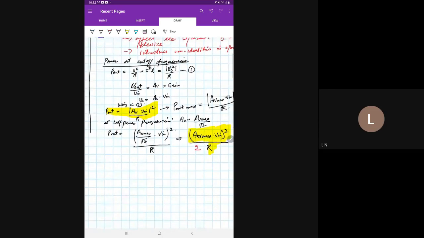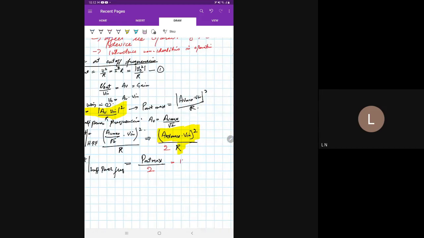Now we can write P output at half power frequencies. At half power frequencies, P output is equal to P output maximum divided by 2, that is half of the maximum power.